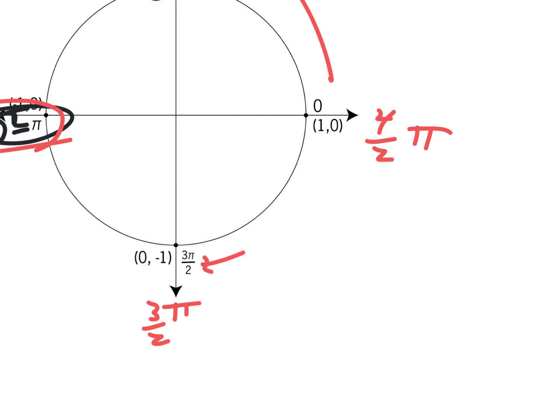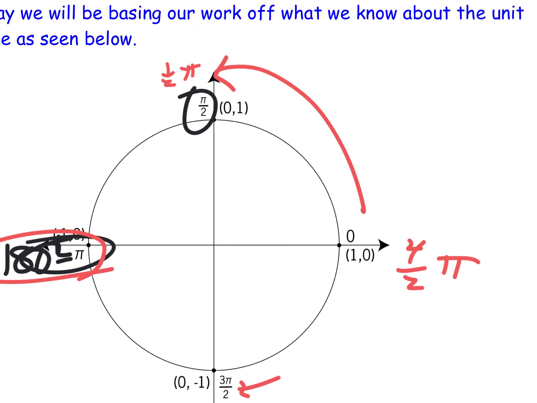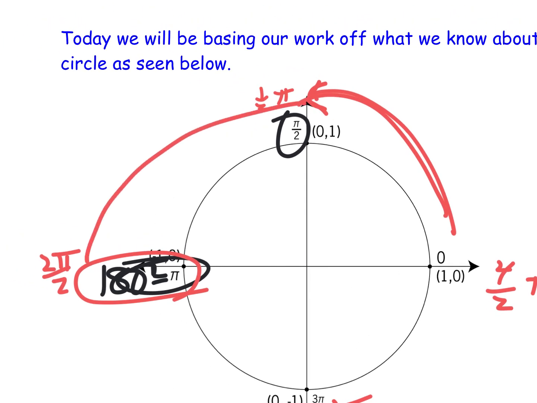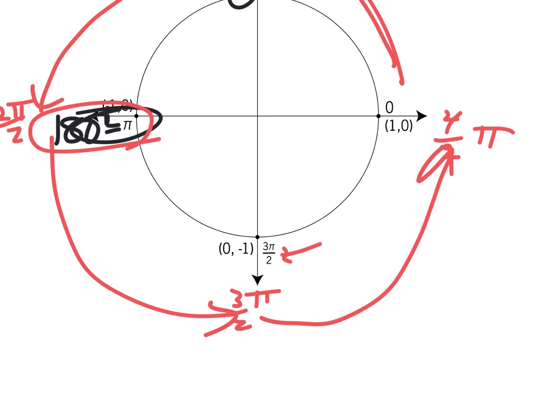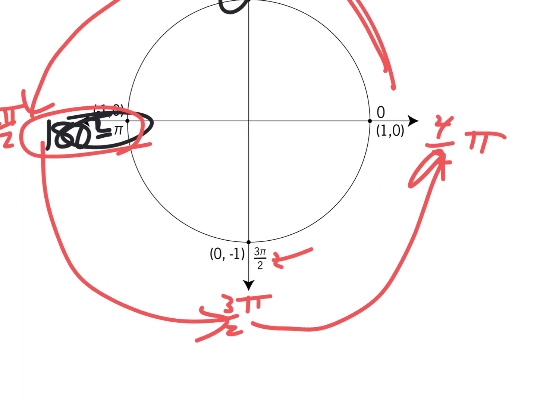It's really 2, so it's 2 pi. Does that make sense? 1/2 of the way to pi. 2/2 of the way to pi, which, yes, simplifies to pi. 3/2 and then 4/2.